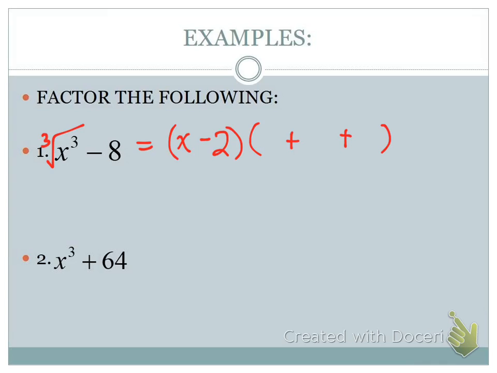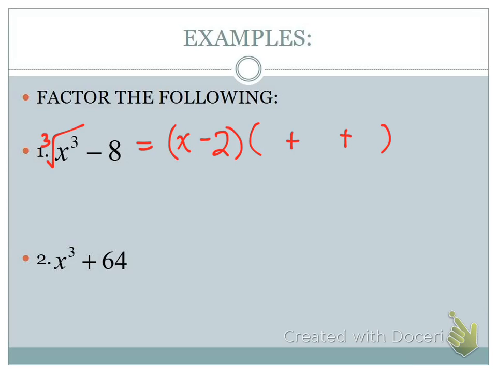I would recommend kind of memorizing your perfect cube numbers, kind of like at some point in time a teacher I'm sure told you to memorize your perfect square numbers. Your perfect cubes would be 1, 8, 27, 64, 125, 216, I think 343, and then I don't have them memorized quite as high as I should, but you get the idea. Okay, so a number times itself 3 times.